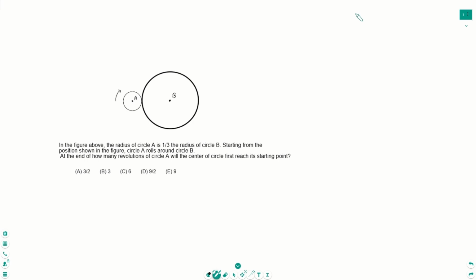First, it's good to know what the circumference of each circle is. For the smaller circle, circle A, it's 2 pi r, let's assume we have some r here.